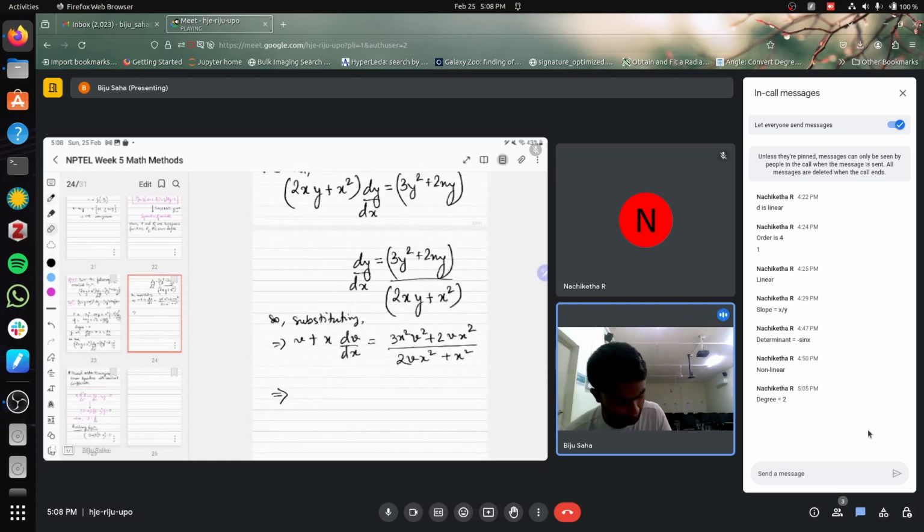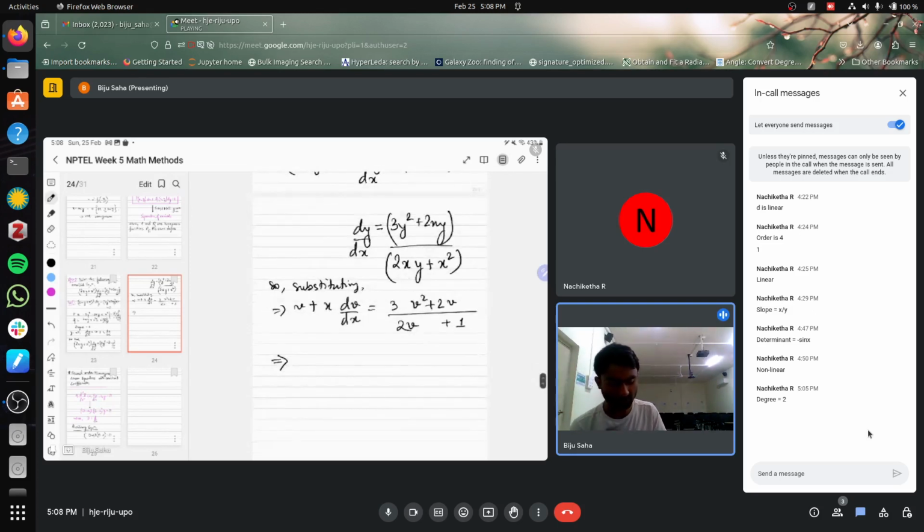The x squares are common. So now we have written our equation with two variables v and x.